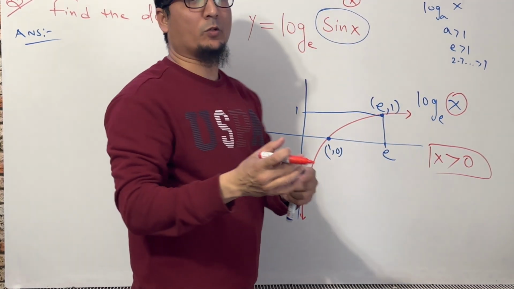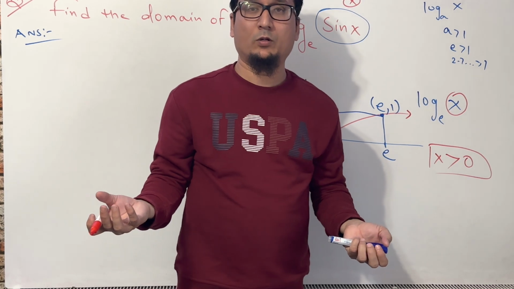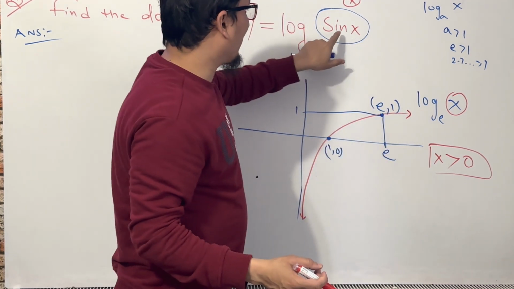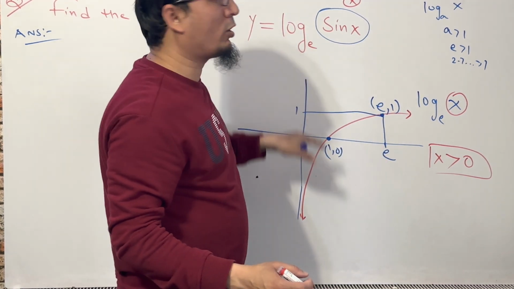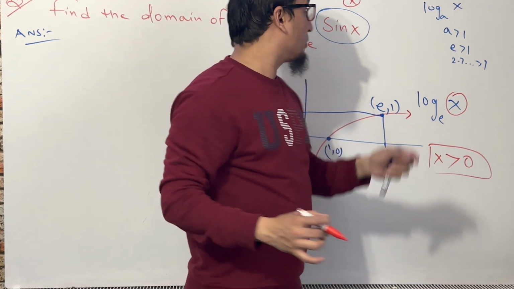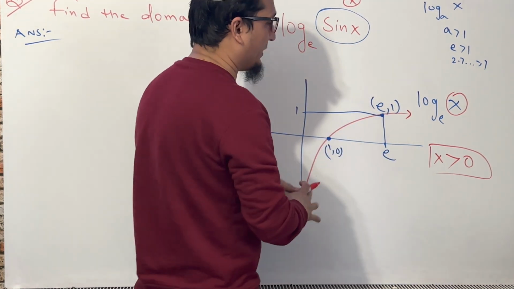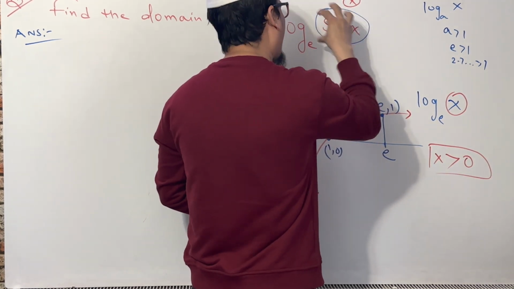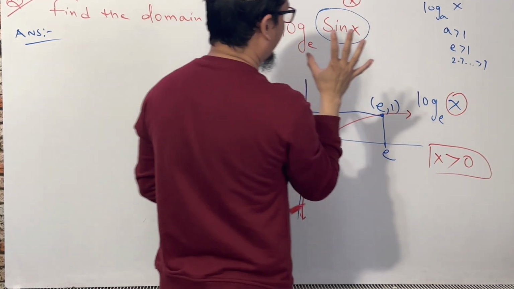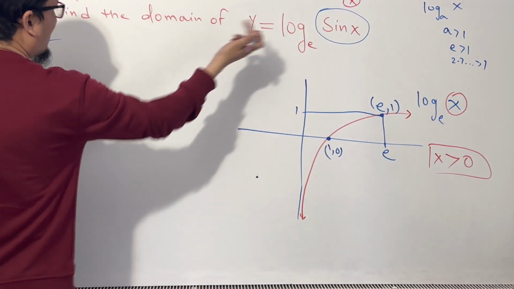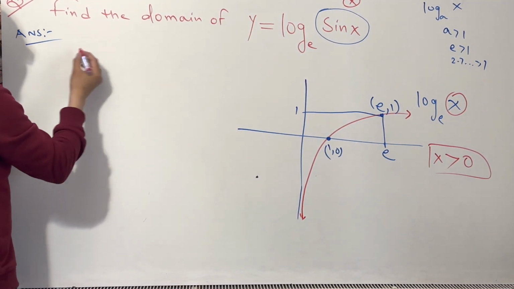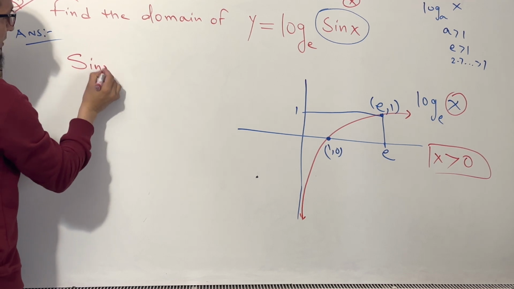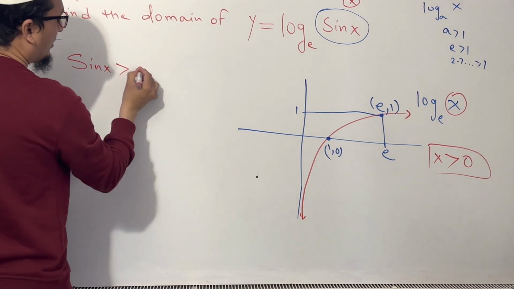Because sin x has negative values also. So remember, if sin x has a negative value, the log base e does not exist. So sin x must be positive here. If this is positive, it means the log exists. So in place of x, this is sin x, so sin x must be positive here.